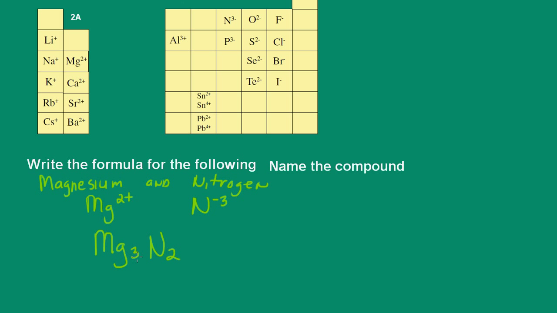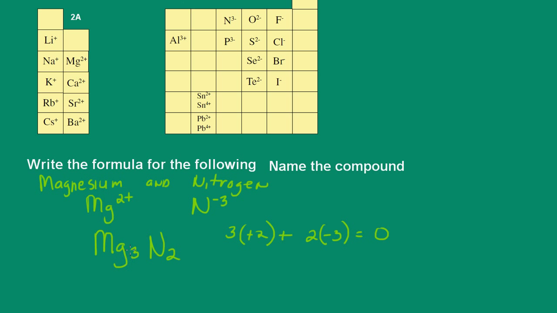So how do I know that this is neutral? Well, magnesium has a +2 charge. I have 3 magnesiums, so 3 times a +2. And again, remember, the charges must add up to 0. Here I have 2 nitrogens. Each nitride ion has a -3 charge, so that's 2 times a -3, and these add up to 0.